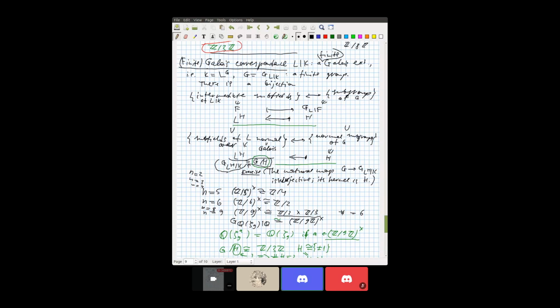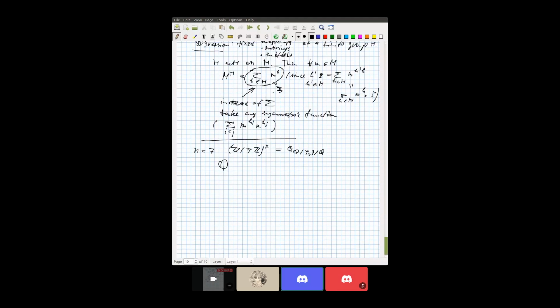But if you think in terms of residues modulo 6, then it is clear what the action is. But here, you see that this isomorphism is very natural, because the residues modulo 7 act on the seventh roots of unity just by raising to the corresponding power, and it's clear.